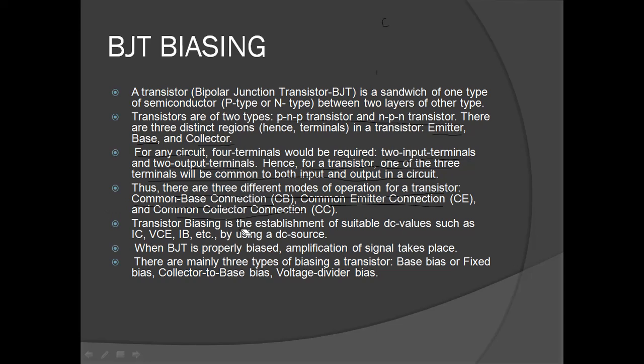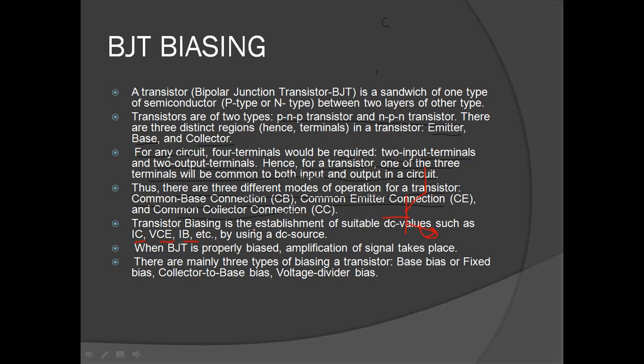Now, transistor biasing is the establishment of suitable DC values such as IC, VCE, IB, etc. by using a DC source. So this is a transistor. As I've told you, this is the base, this is the collector and this is the emitter.